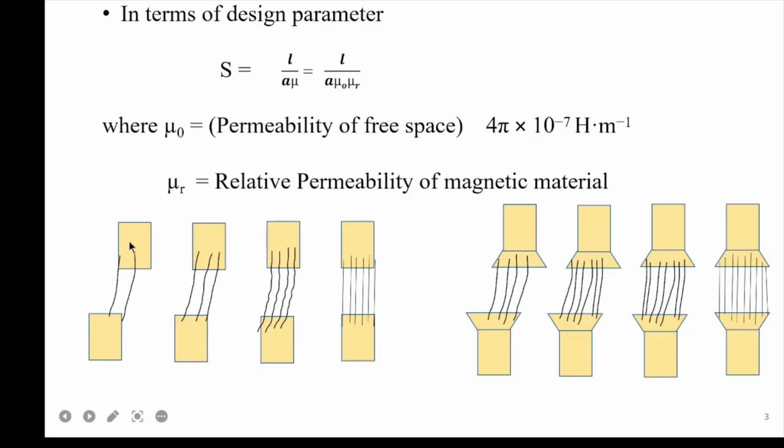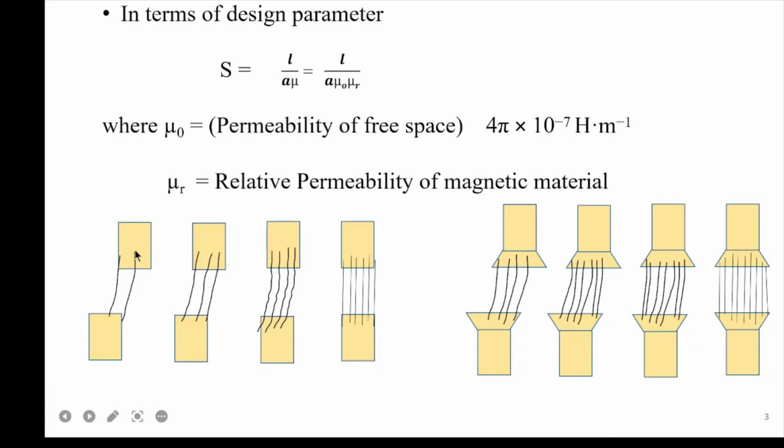If you are giving supply to one portion, that portion is completely going to get magnetized. That magnetized material will generate the flux lines, and the flux lines will enter into the next magnetic material, the rotor, through the air gap.